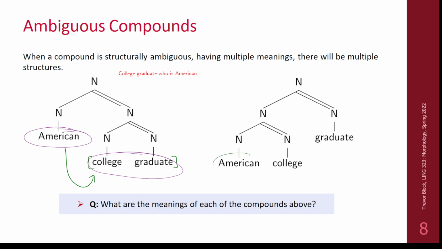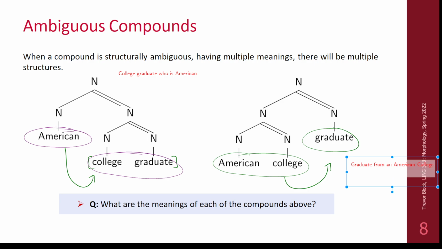We could put American college together first. So now we're talking about an American college. And this is describing a graduate. So this is just a graduate from an American college. So let's just put this right here. Graduate from an American college. So these are different, these two interpretations.